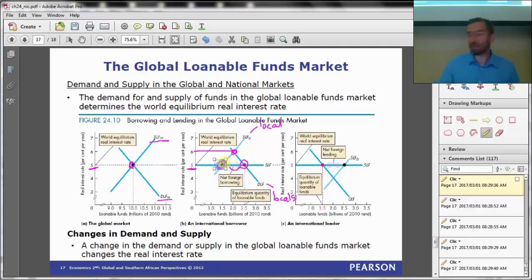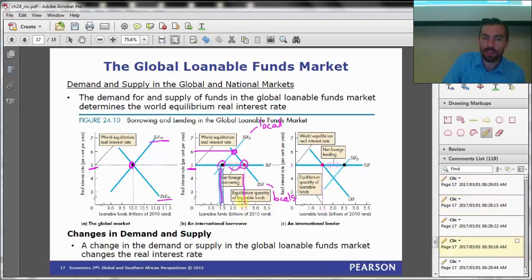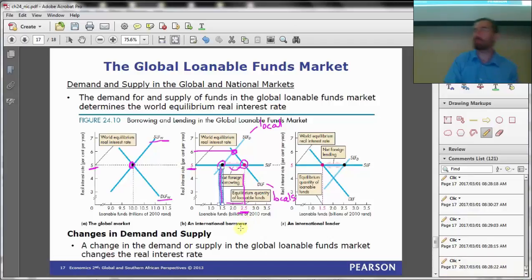So where does the money then come from that people borrow? If our locals are only supplying some quantity corresponding to about 1.5, but the locals wish to demand or wish to borrow a quantity of 2.5, the difference between these two quantities comes from foreign lenders. Does that make sense? In other words, the quantity that will be demanded at 5% is 2.5 billion in this example. 2.5 billion rand is borrowed.